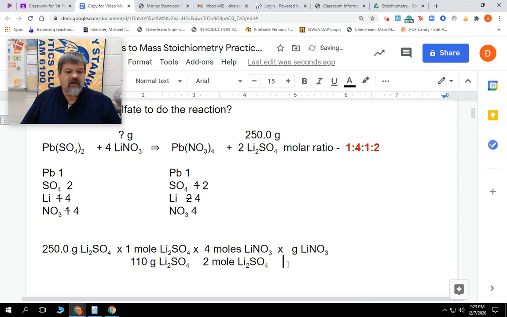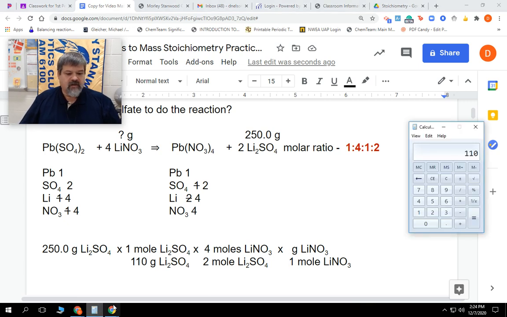And that's going to be equal to, remember, 1 mole of lithium nitrate. So we have to calculate out what is the molar mass. Again, what is the molar mass of 1 mole of lithium nitrate? Because these are equal to each other, we have to do that. So let's calculate that out. We have 1 lithium, right? 1 lithium, we always got to double check.